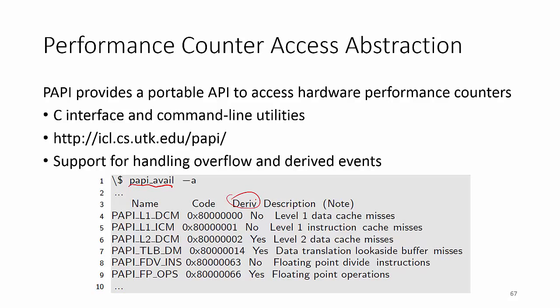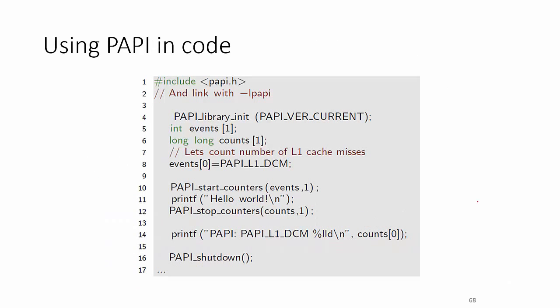If it's not derived, it means that this counter actually counts the number of data cache misses on the level 1 cache. But derived counters are calculated from multiple other counters. Have a look at those and see what you can find out.